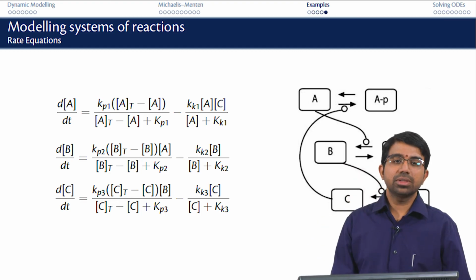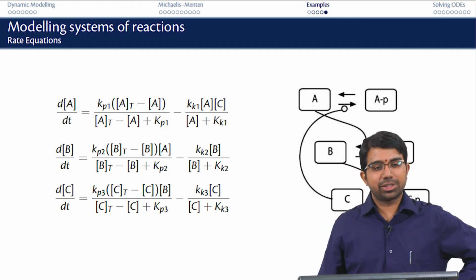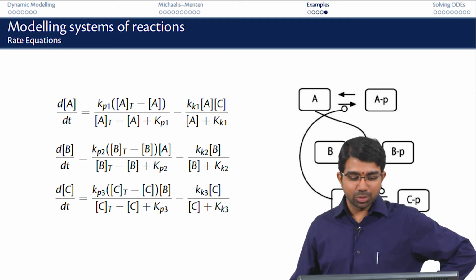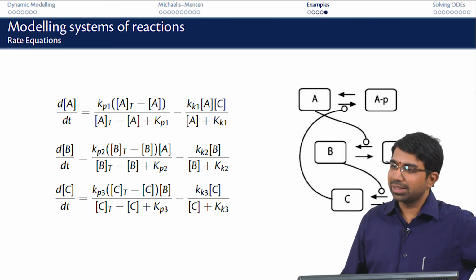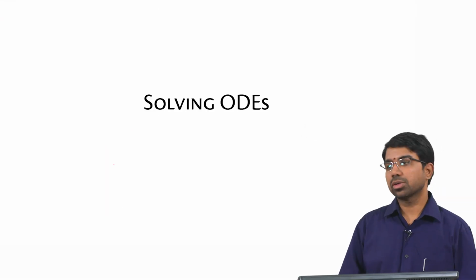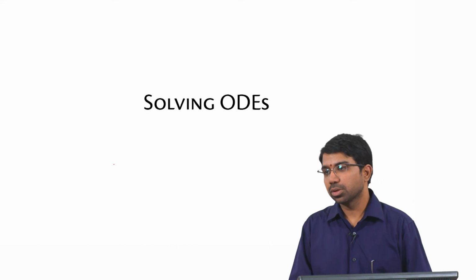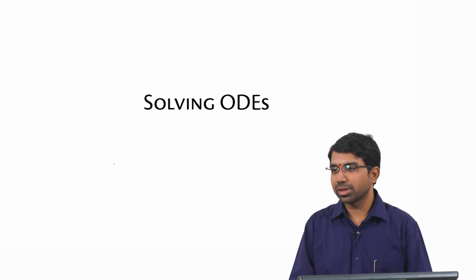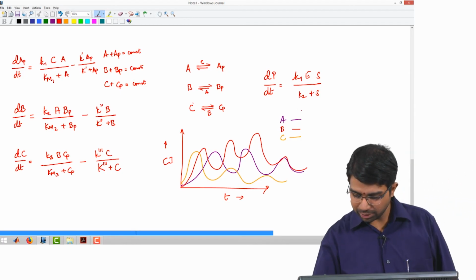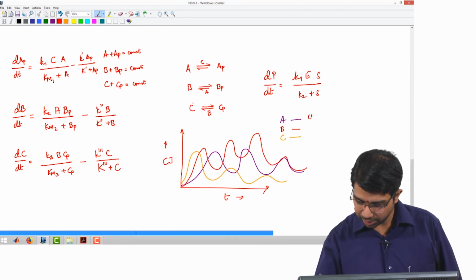So, the next step is you have now written down these equations, how do you solve them? Because what is it that we want in the end? You do not really want dA by dt or dB by dt, but you want A of t. So, how do you solve these ODEs? You finally need to solve these ODEs to find out what is A of t, B of t, C of t.